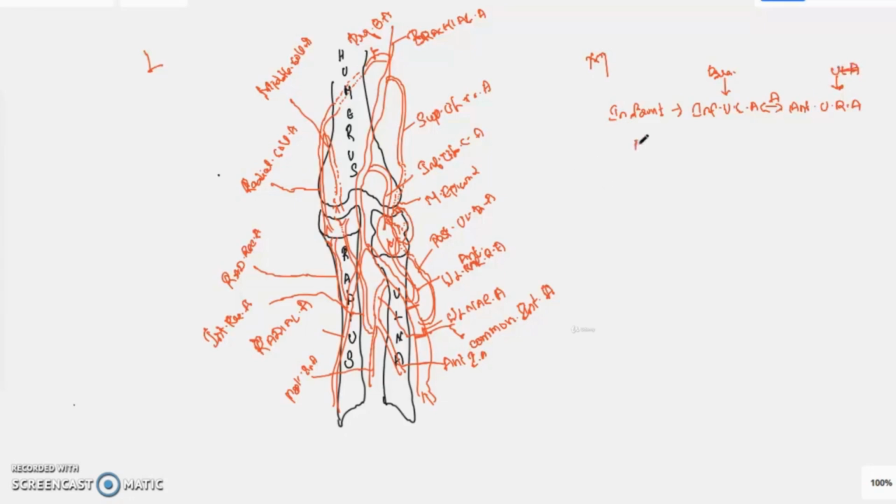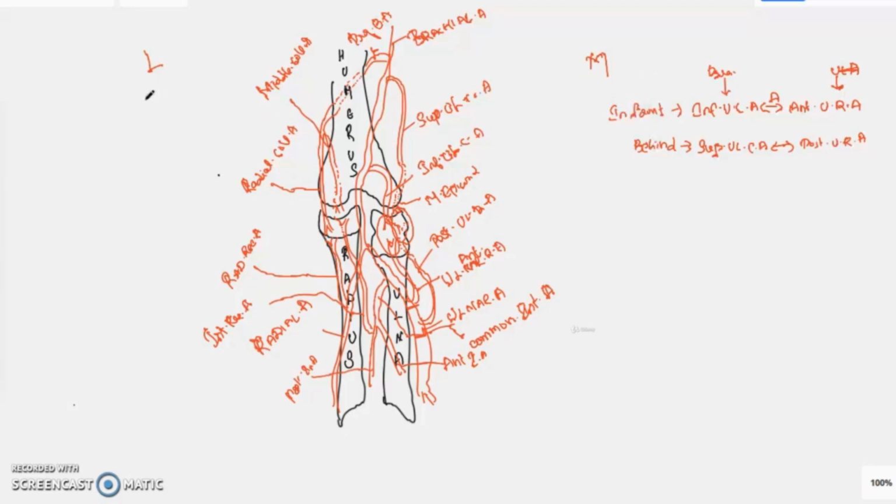Here behind, we will be having anastomosis between superior ulnar collateral artery with posterior ulnar recurrent artery. Again, this is a branch of brachial artery, this is a branch of ulnar artery. That's all about the anastomosis happening in front and behind the medial epicondyle.